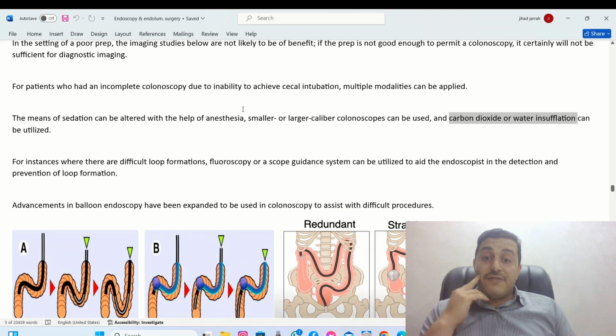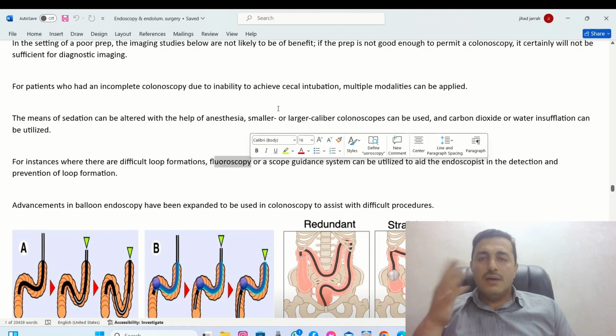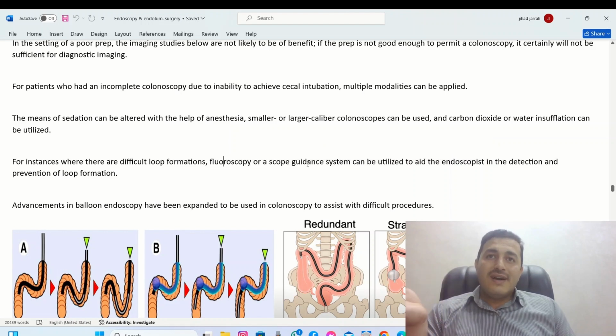Okay, if it is due to loop, we can use the fluoroscope. Fluoroscopy, actually, while performing the colonoscopy, we take a dynamic X-ray, and it will guide us in detection and prevention of the formation of the loop.